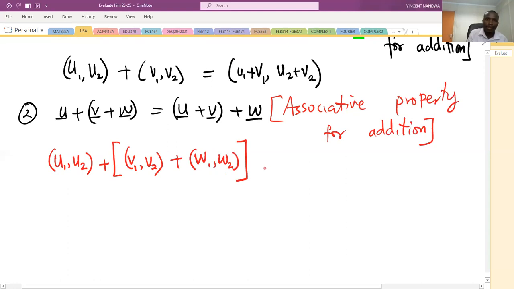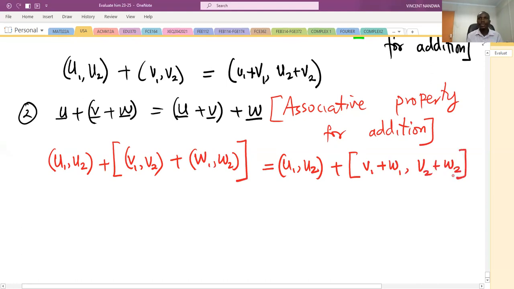This will be the same as saying U1, U2 plus, now here I'll have V1 plus W1, comma, V2 plus W2, which is the same as saying U1 plus V1 plus W1, and then U2 plus V2 plus W2.